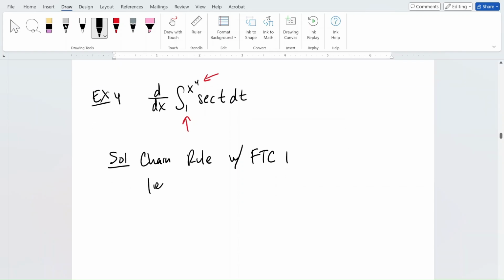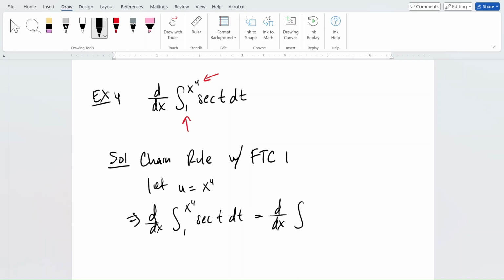So as long as we let u be x to the 4th, then I could really write that the derivative with respect to x of the integral from 1 to x to the 4th of secant of t dt is equal to the derivative with respect to x of the integral from 1 to u of secant of t dt.